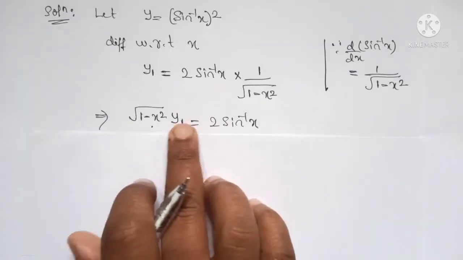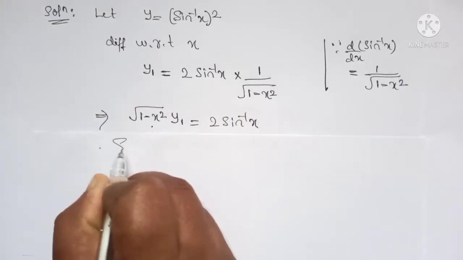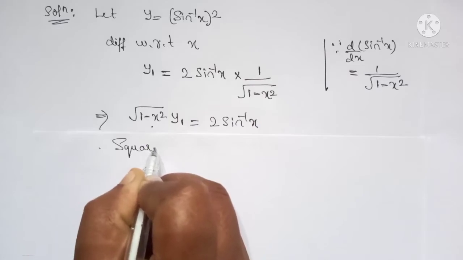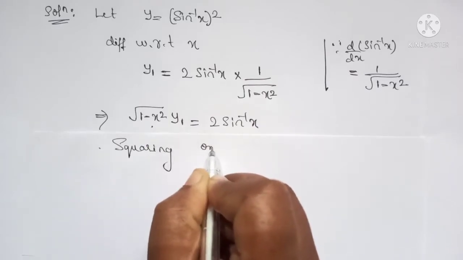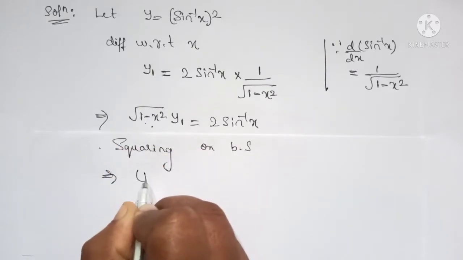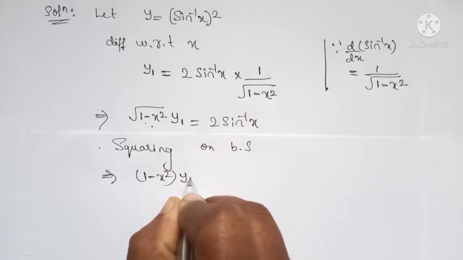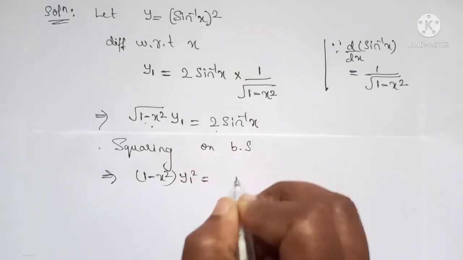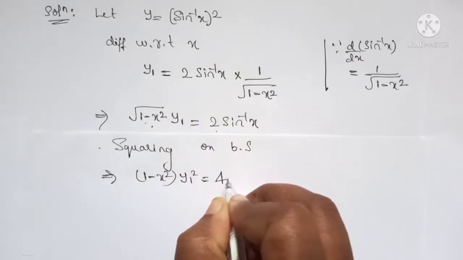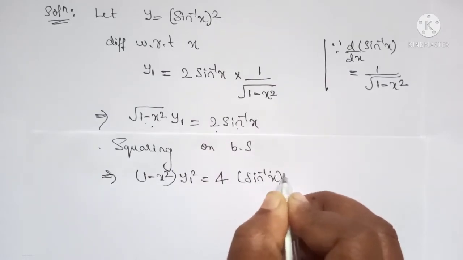Now we square on both sides, to remove this square root. We get (1 minus x square) y1 square, since square and square root cancel, equals 4 times sine inverse of x whole square.